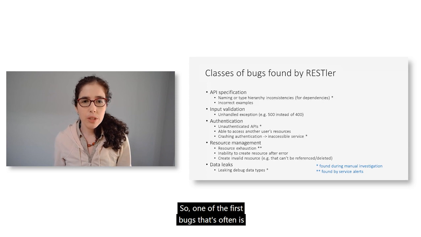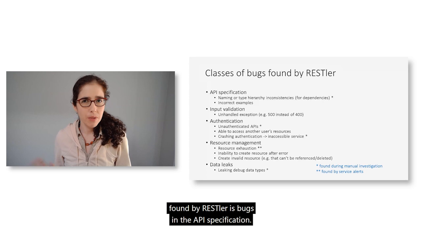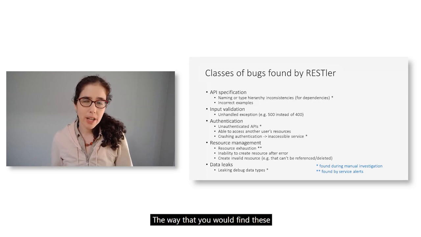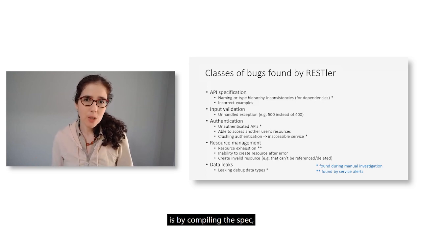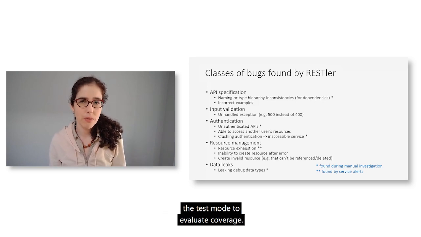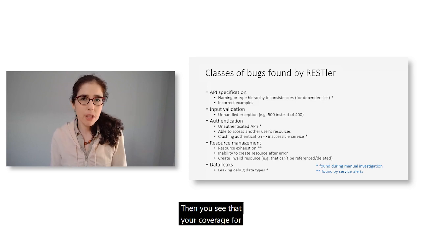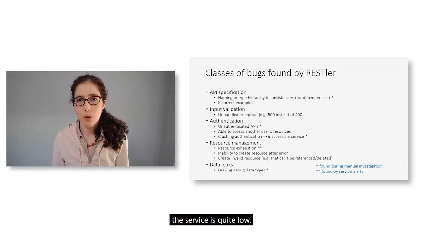One of the first bugs that often is found by RESTler is bugs in the API specification. And the way that you would find these is by compiling the spec, doing the quick start to run the test mode to evaluate coverage. And I'll show you how to do that in the demo. And then you see that your coverage for the service is quite low.